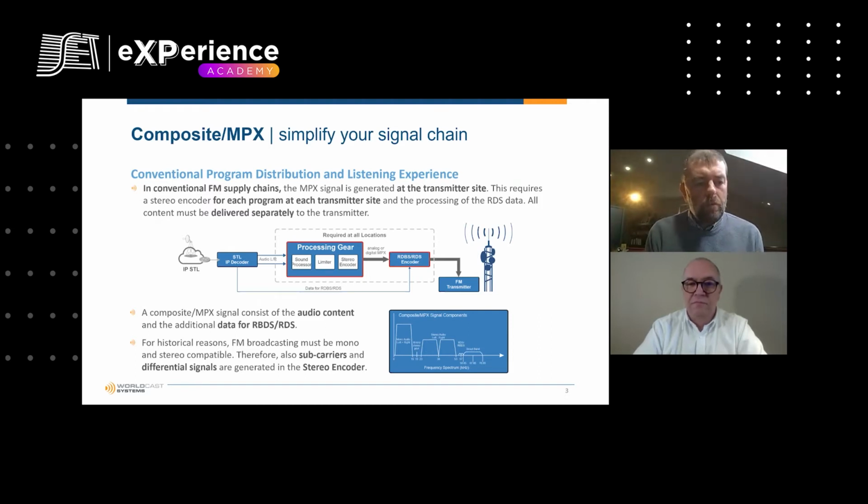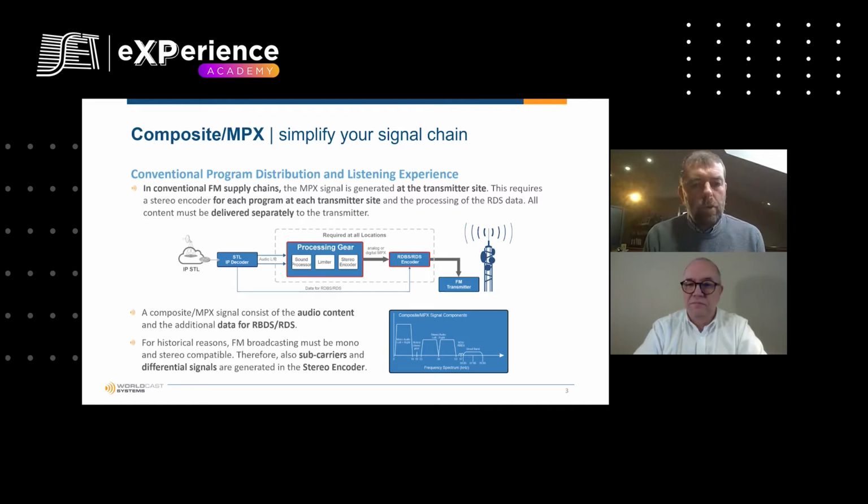So if we look at what we had traditionally with an STL and the setup of the gear for FM broadcast, we had an STL link, which typically could have been an IP link or a microwave link or E1 or T1 in the past, where we delivered the baseband audio left and right, stereo for FM.